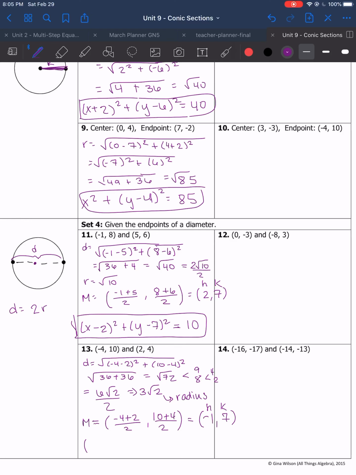So if I plug this into standard form, I get (x plus 1) squared plus (y minus 7) squared equals 18. Because when you square 3 square roots of 2, you square the 3, and the square root of 2 becomes 2, so we get 9 times 2, which is 18.